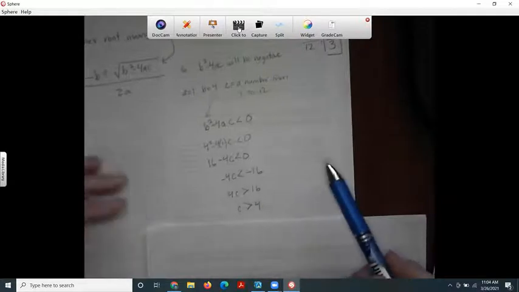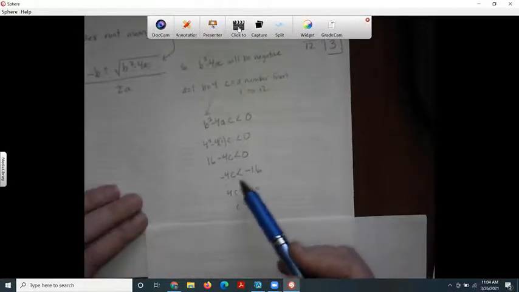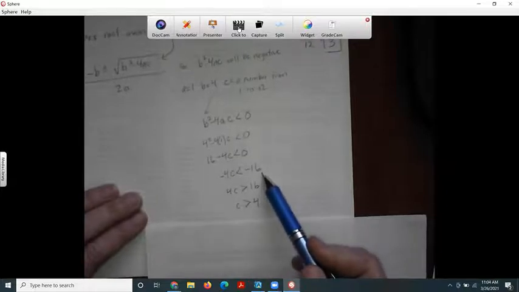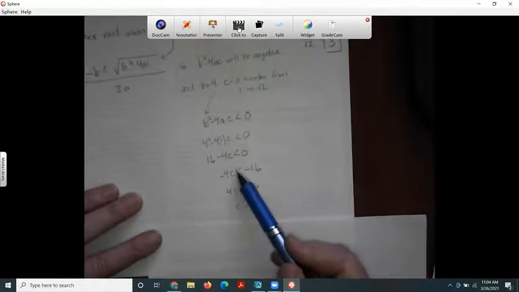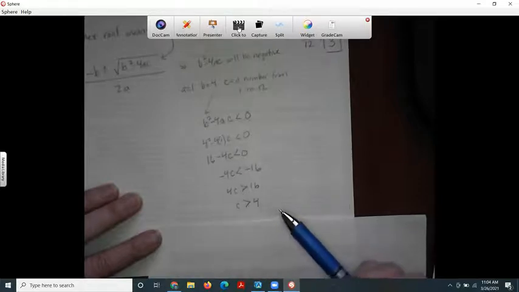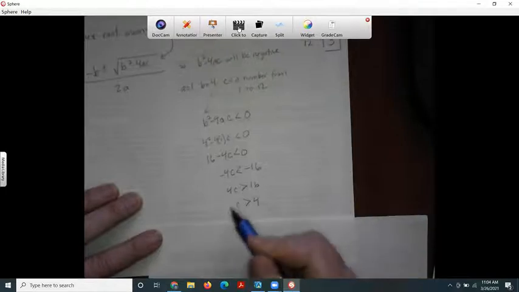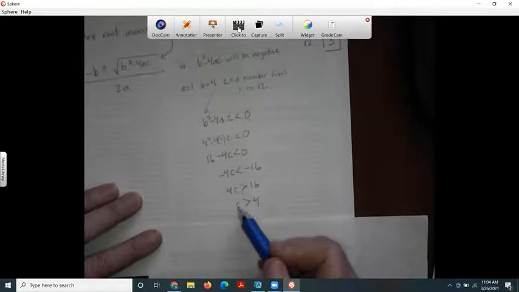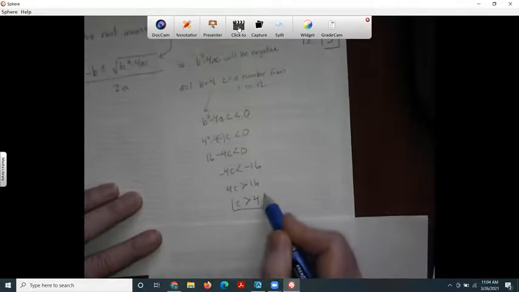You might not remember this, but if you divide both sides by a negative, because I want to divide both sides by negative 4, I have to flip this inequality sign around. So anyway, I get that C is greater than 4.